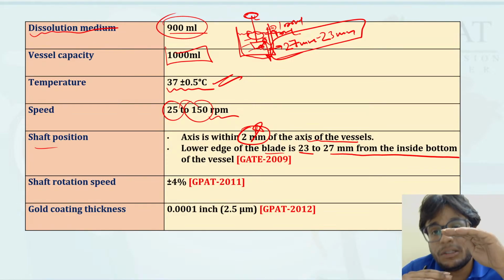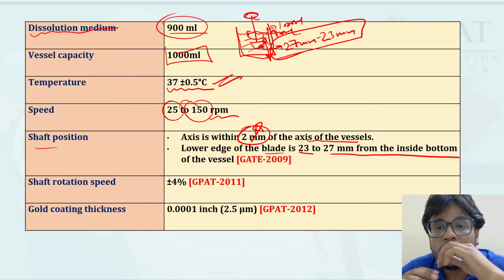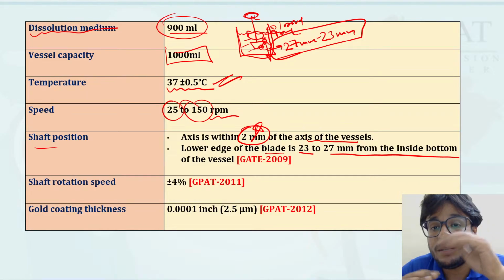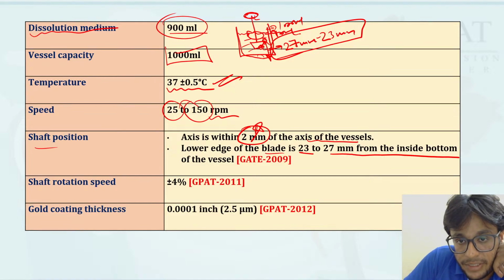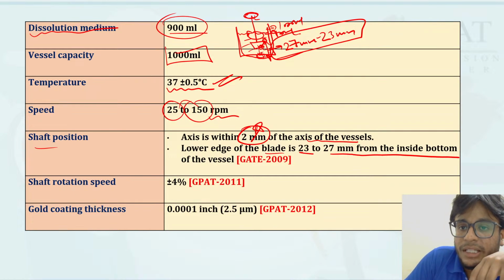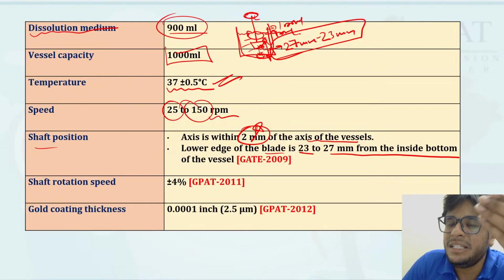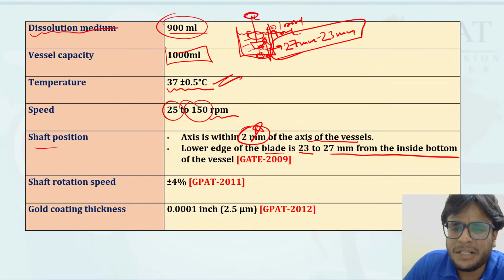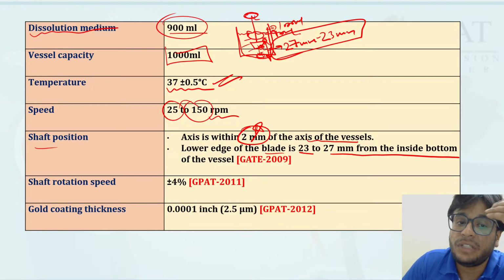If the distance between the paddle and the media is very small, then it is going to affect the dissolution of the drug. If the paddle is at a very low position, it may get stuck with the tablet and sometimes increase the dissolution of that particular tablet. That's why we keep the shaft movement as well as the blade position constant for the dissolution apparatus.